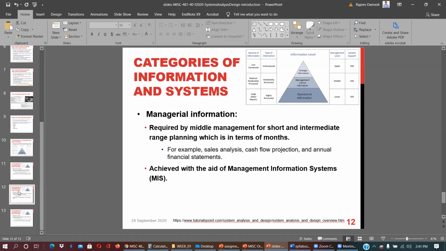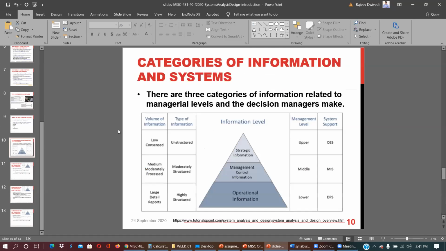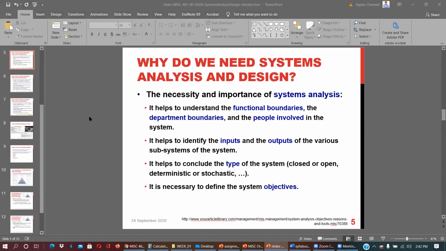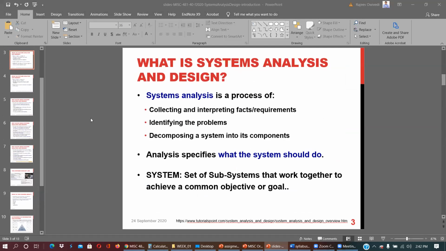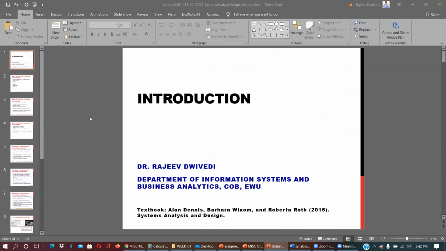So this is the basic information about what is system analysis and design. If you have any questions related to this, please let me know. Do you understand what is an information system? What is system analysis and design?